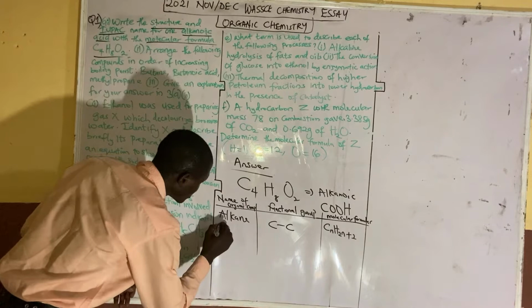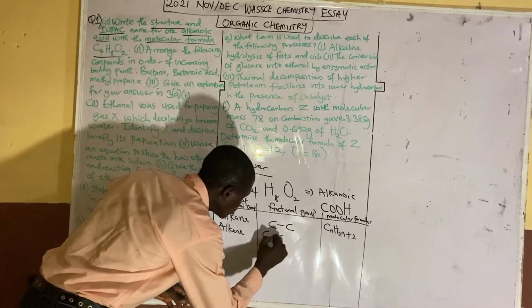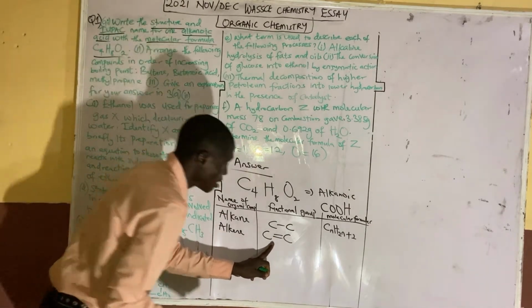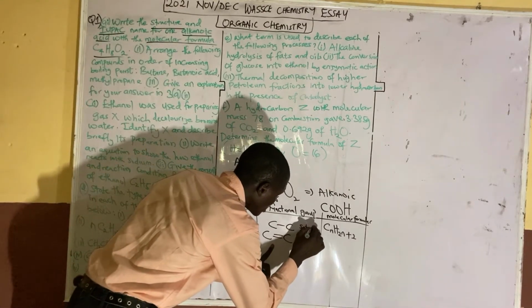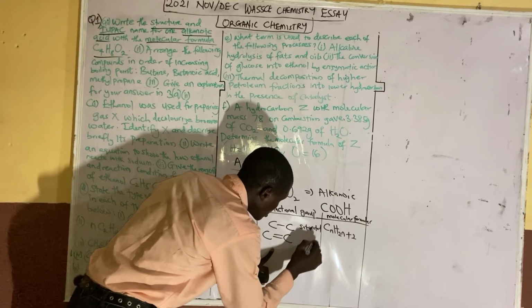Now we have the alkene. The alkene is C double bond C, and it is an unsaturated hydrocarbon, while the alkane is a saturated hydrocarbon.